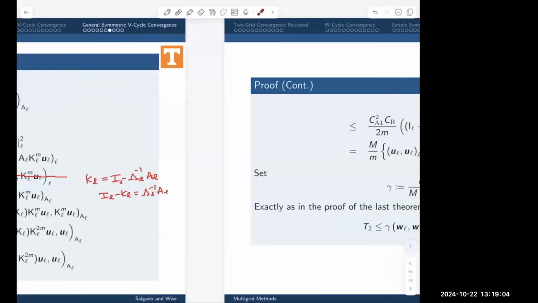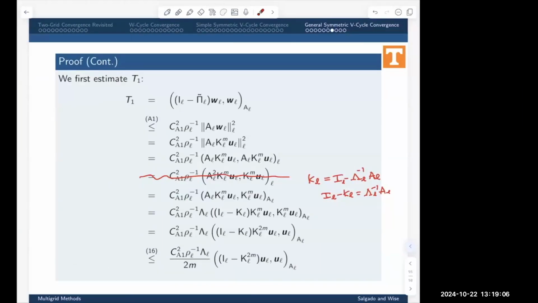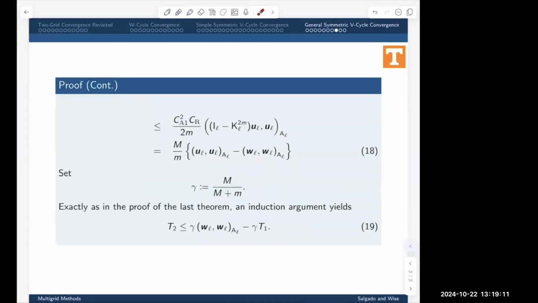The next step we want to do, if we observe what this guy is here, is to apply one of our smoothing estimates involving the Richardson smoother. I forget which one this was, and I should have written it, so let me put a question mark there.